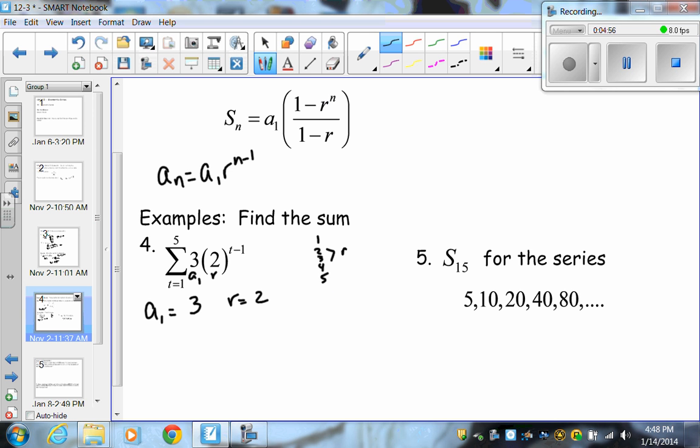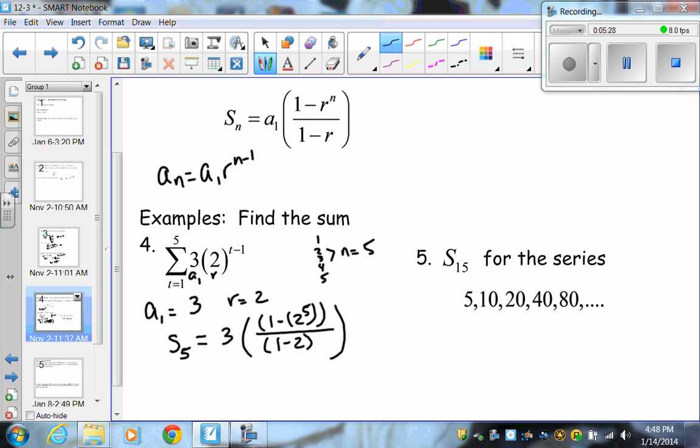So if I plug that into my formula, the sum of the first 5 terms equals 3 times, and I'm going to put another set of parentheses for the top, 1 minus 2 to the 5th, all over 1 minus 2.